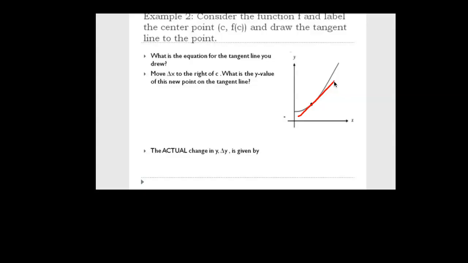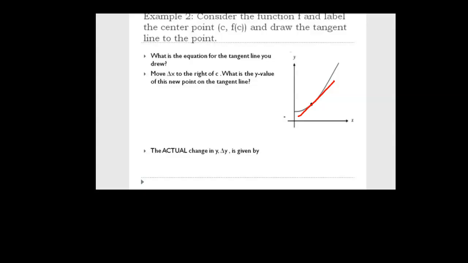Remember, a tangent line is supposed to represent the slope of the line at the point you draw in. So what would the equation of the tangent line we drew in be?